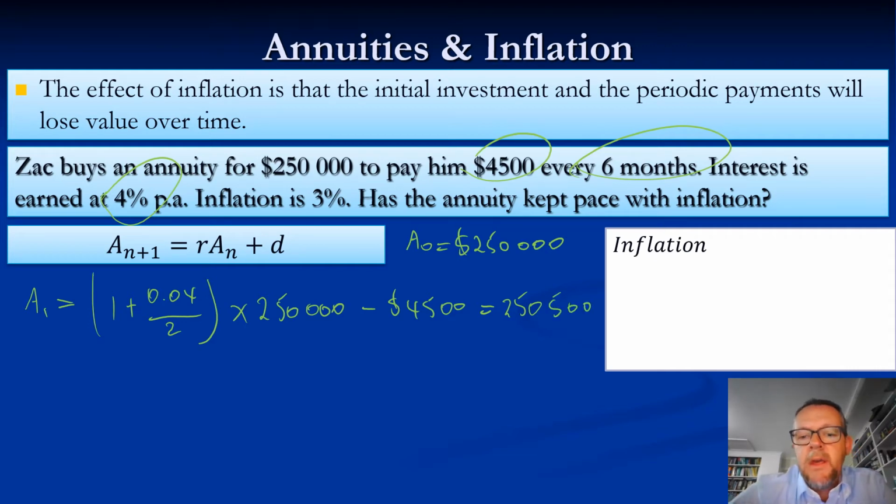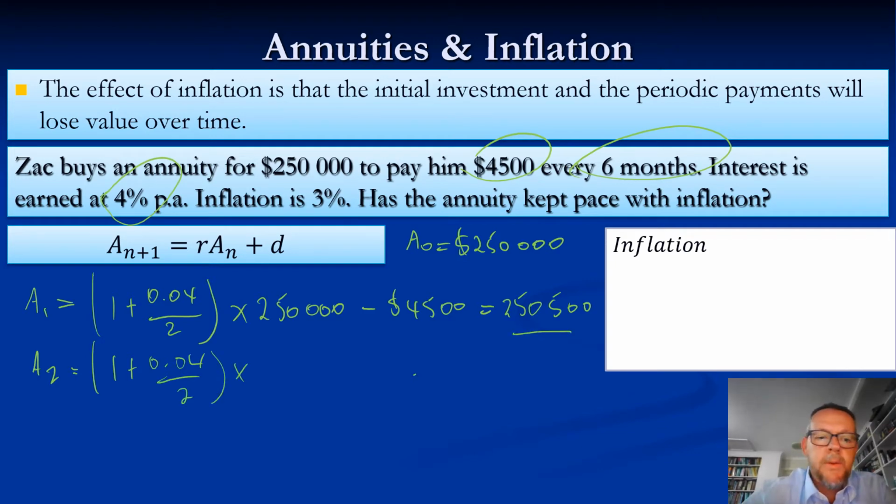So this looks all right. The value of the annuity is actually increasing, isn't it? After 6 months, he's got $500 extra. That seems to be pretty good. Let's continue this. So for the second lot of 6 months in the year, 0.04 over 2. Now we're using this one now because A1, and so that fits our recursion formula.